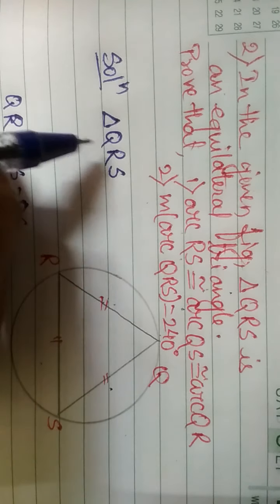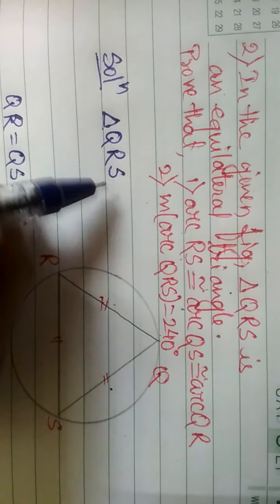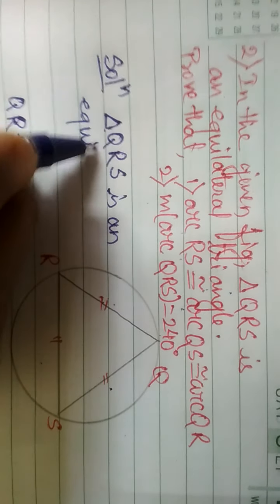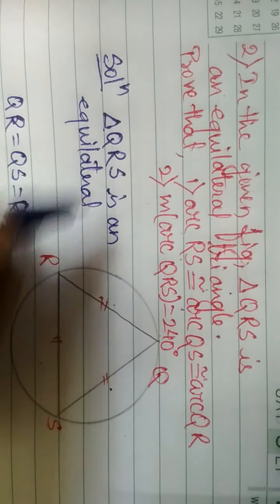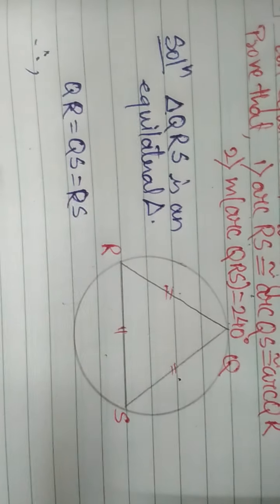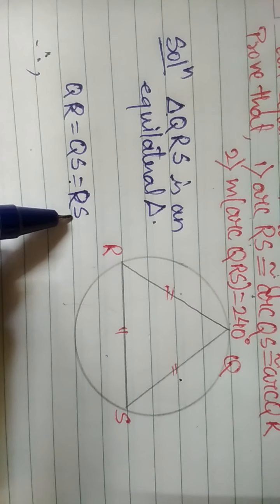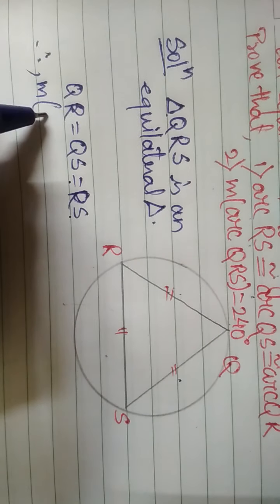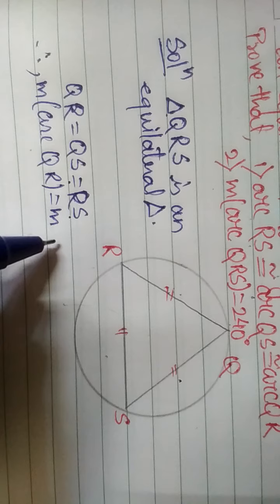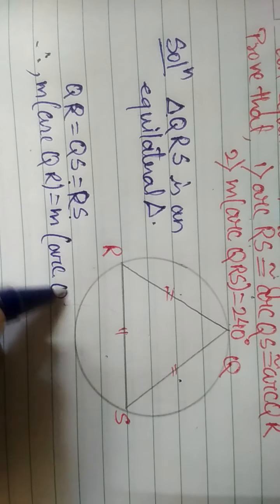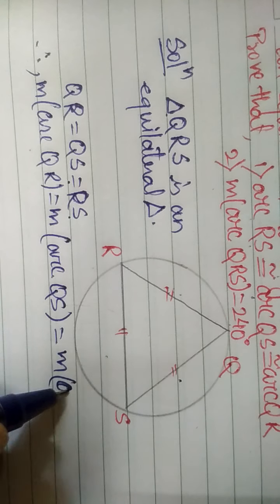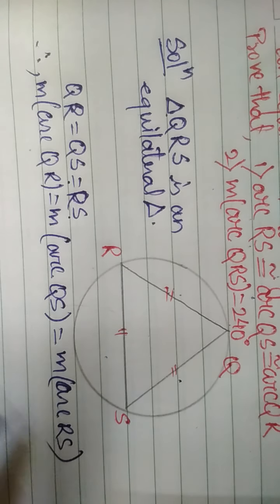That means first of all, triangle QRS is an equilateral triangle. That is given. So QR equals QS equals RS. That means the measure of arc QR will be equal to the measure of arc QS, which equals the measure of arc RS.